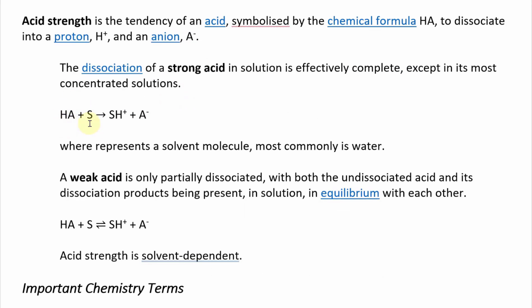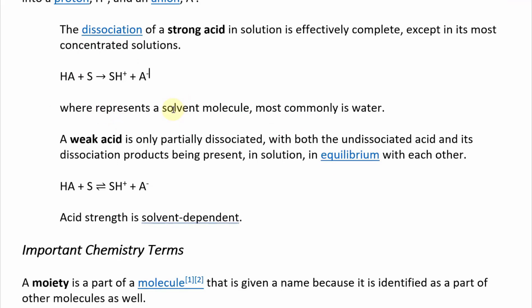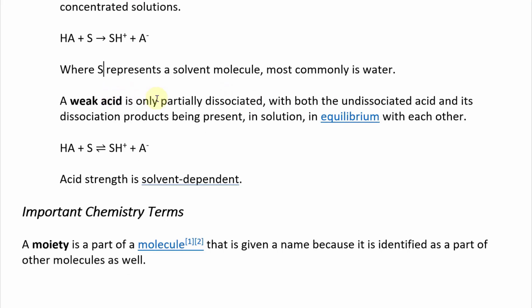So you have HA plus S goes to SH plus plus A minus, where S represents a solvent molecule in the solution, most commonly water. So a weak acid is only partially dissociated, with both the undissociated acid and its dissociation products being present in solution in equilibrium with each other.